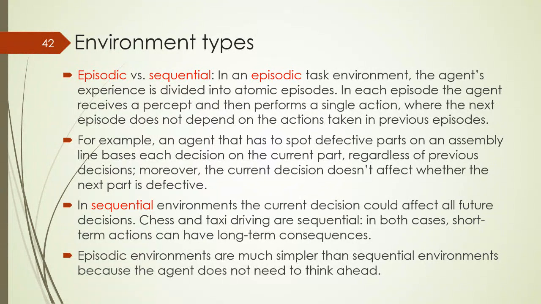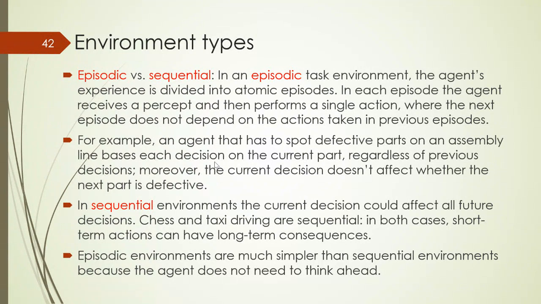You have these parts coming. Well, you might be able to make it more intelligent by trying to predict what's going to happen next, but it checks each part individually, independently from what you had before. Okay, but in a sequential environment, the current decision could affect all future decisions.